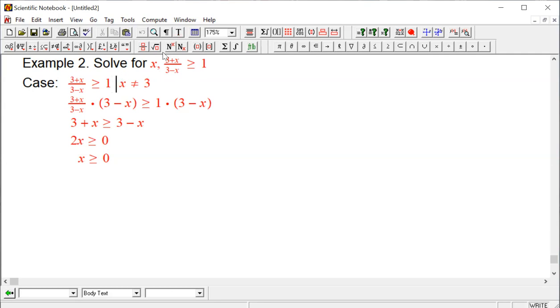But you simply cannot do this step. Why? Because we don't know the sign of 3 minus x.